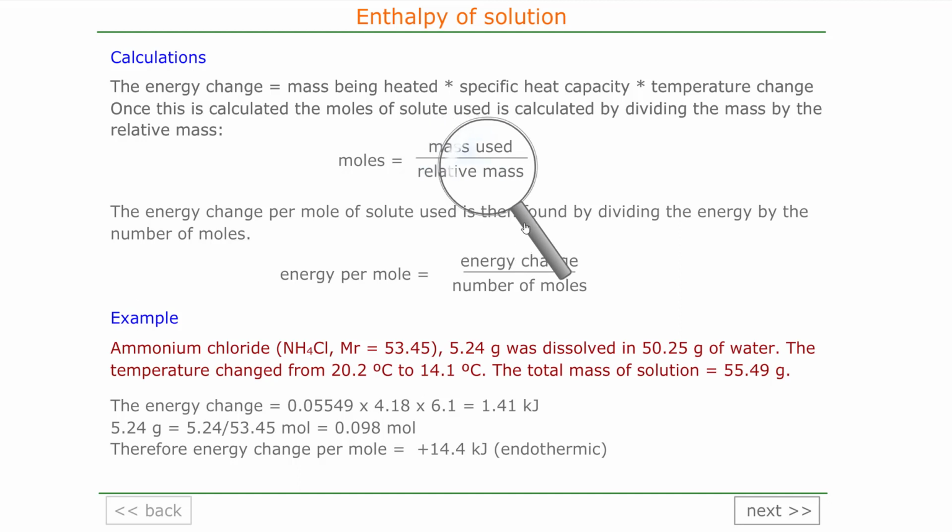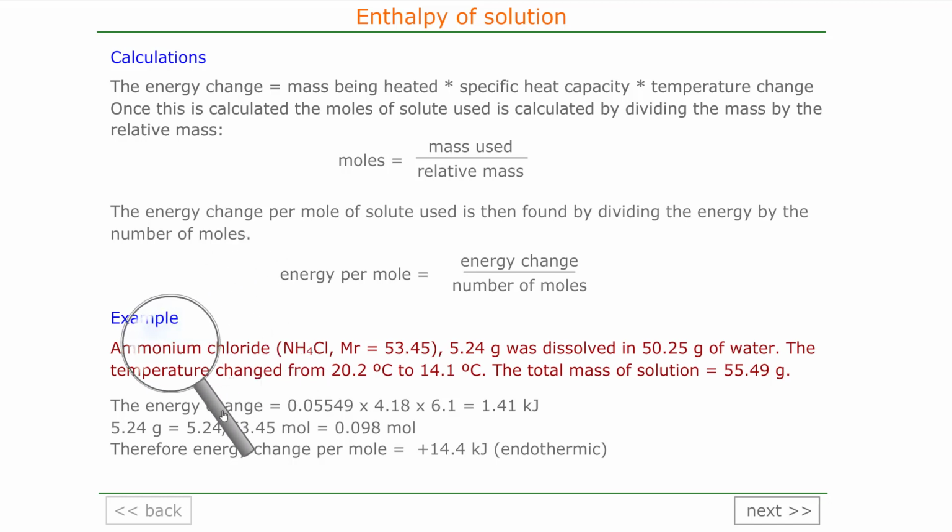And then in order to calculate the energy change per mole of solute used, we divide the energy change we found in the first part by the number of moles to get the energy change per mole. So let's have a look at an example.